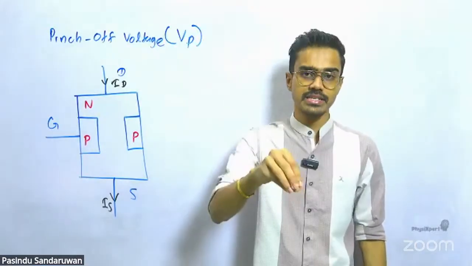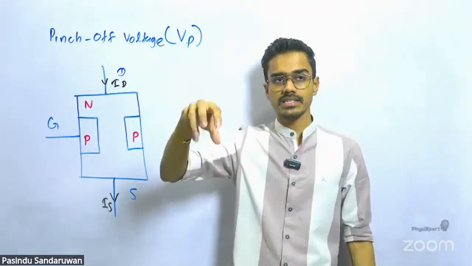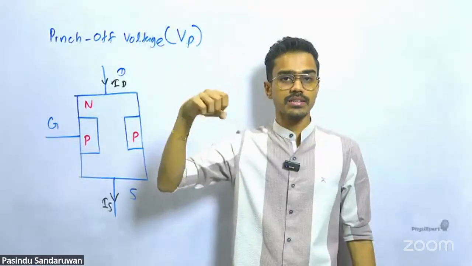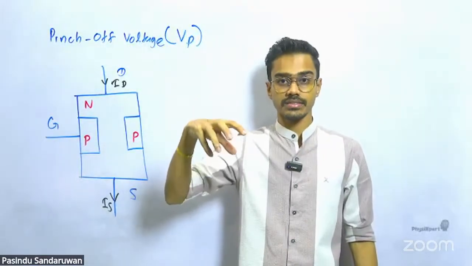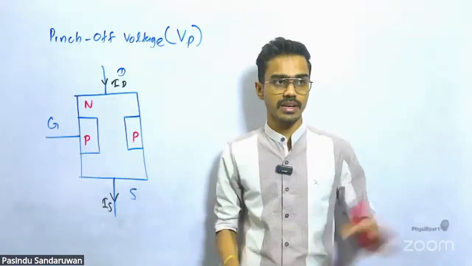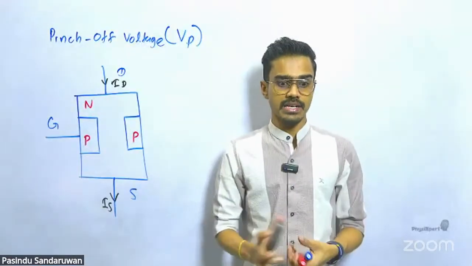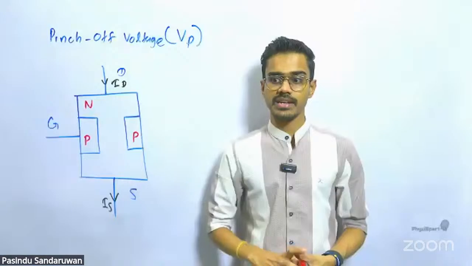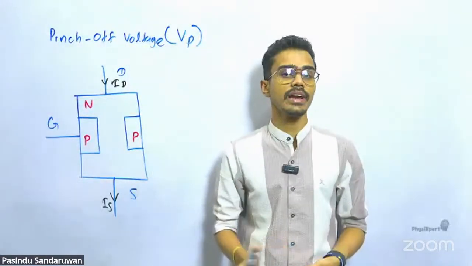Recall it from PN junctions: when the PN junction is in reverse bias state, the depletion region increases. It's getting wider, getting broader.